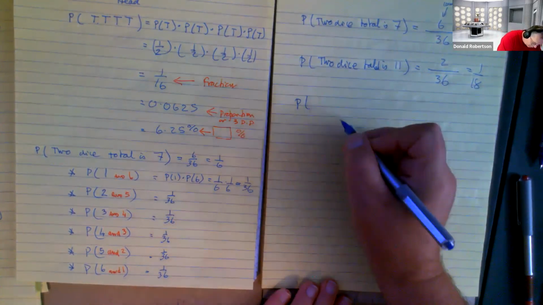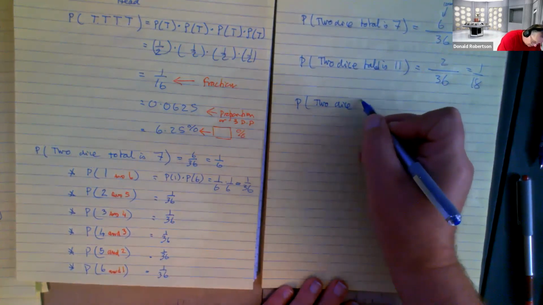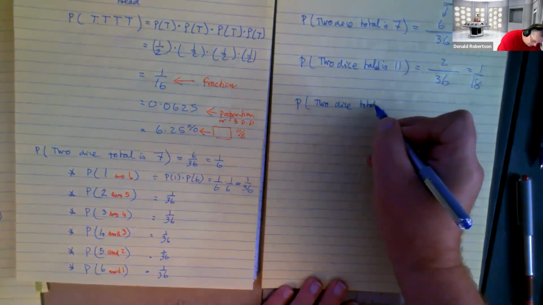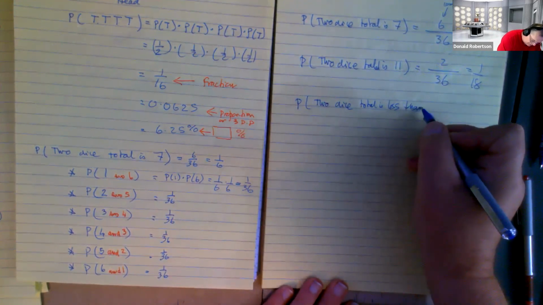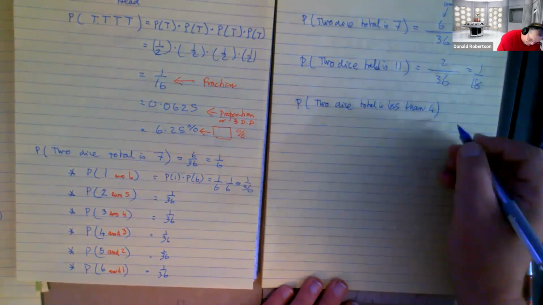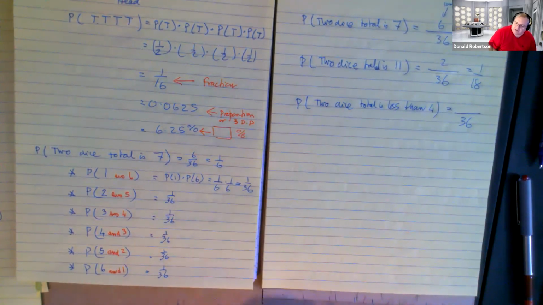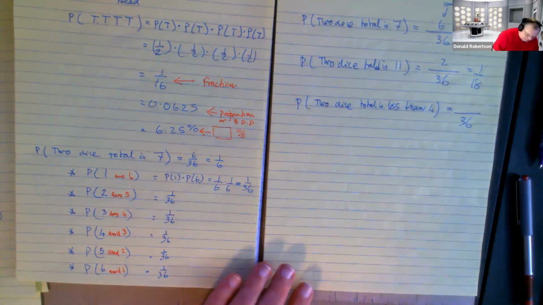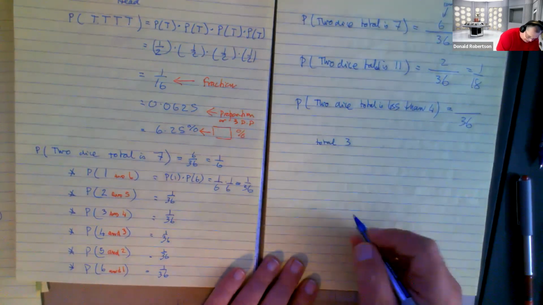Bit harder. What's the probability that you roll 2 dice and the total is less than 4? Now, you might want to do a bit of scratch paper with this. Less than 4 means the total was a 3.